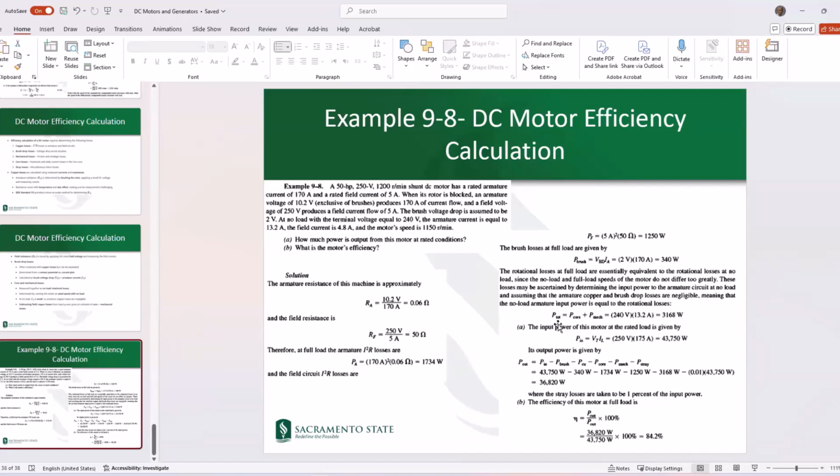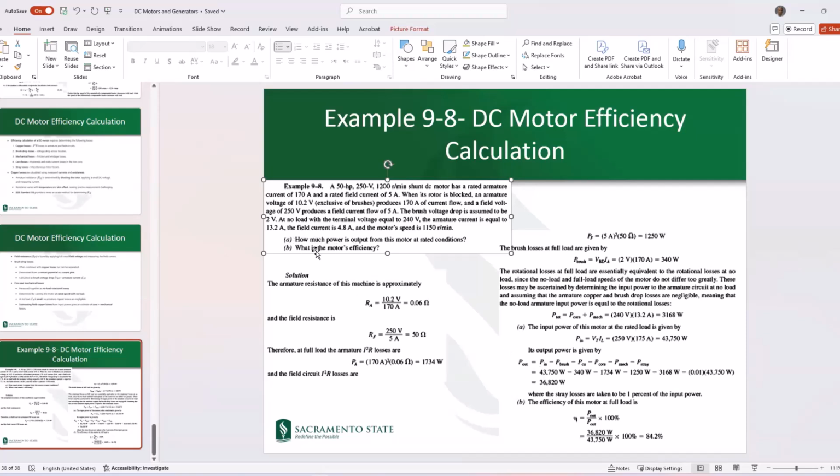So P rotational would be P core plus P mechanical, which becomes 240 times 13.2 amps. This comes from the fact that at no load with the terminal voltage applied at 240, we get the armature current of 13.2 amps. So this gives us that approximation for P rotational.